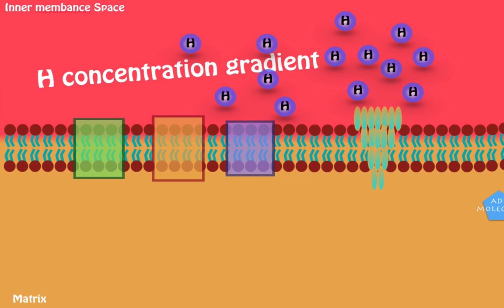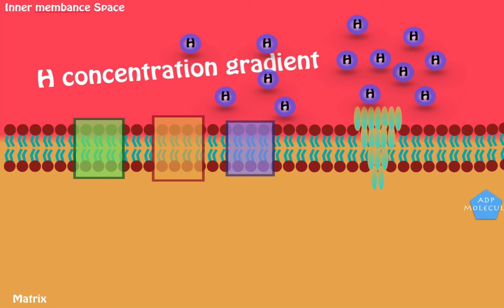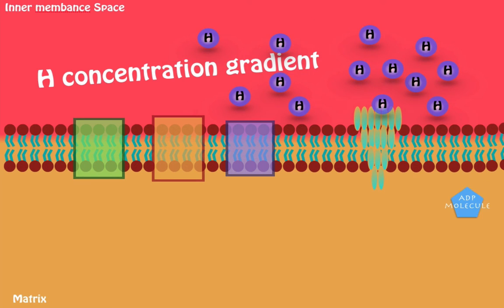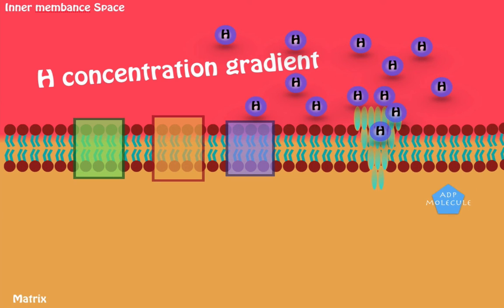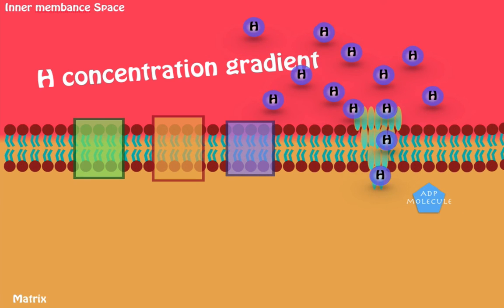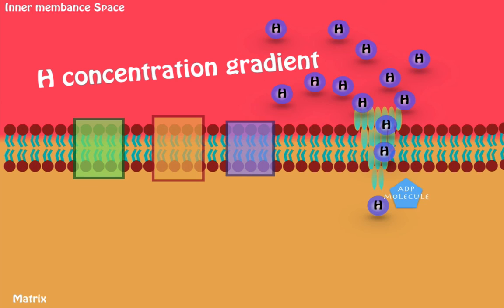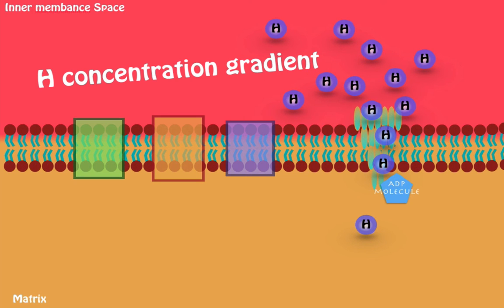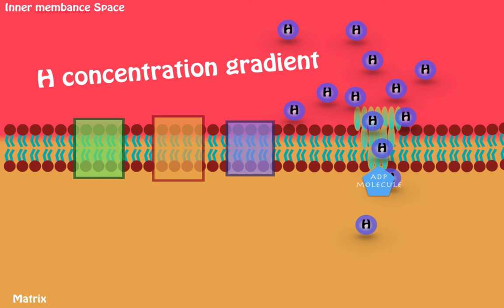Okay, and that's where the ATP synthase comes into play, where these hydrogen ions, this concentration gradient, gets pushed through the ATP synthase, and as these hydrogen ions get pushed through it, it kind of turns. It turns the mechanism, the protein ATP synthase, the enzyme, and it combines ADP with another phosphate to make ATP.